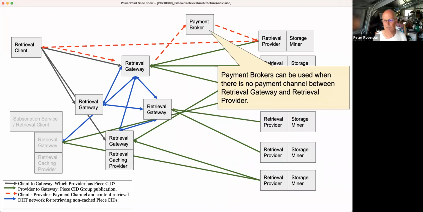Payment brokers is a concept where at the moment you've got to have a payment channel to pay someone. So you can imagine the retrieval client, or the application that uses the retrieval client, has payment channels set up with the gateways that it wants to use, and maybe some of the providers.